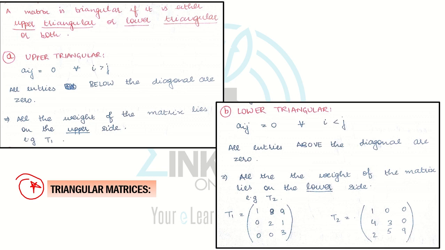So a matrix is triangular if it is either upper triangular or lower triangular. Now what does upper triangular or lower triangular mean? Essentially for upper triangular, what you define it as is that Aij is equal to 0 for all i greater than j. Now I'm going to put a standard matrix here so that this becomes a little easier to understand.